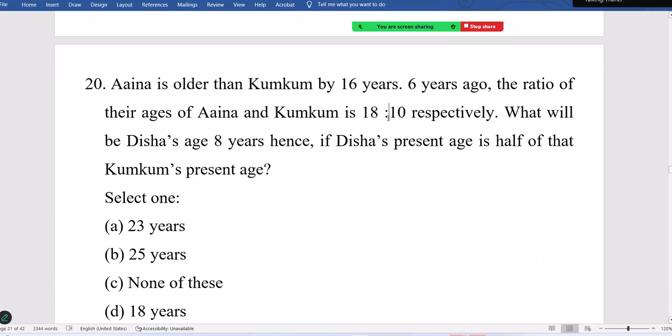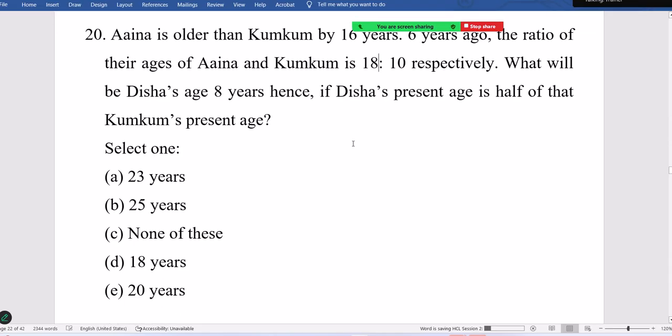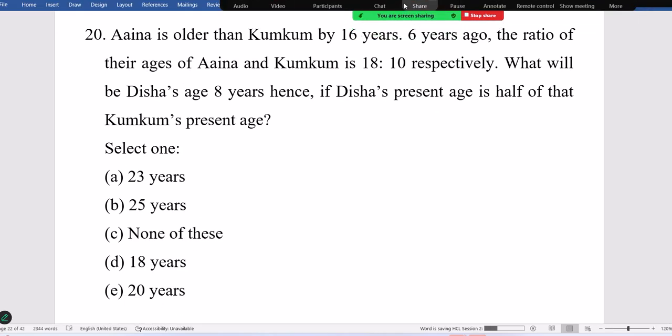Now see the 20th question, an ages-related one. 1 hour 20 questions, 2 hours 40 questions.